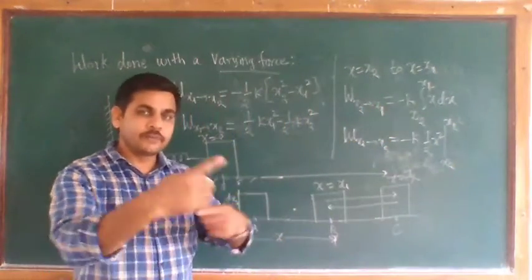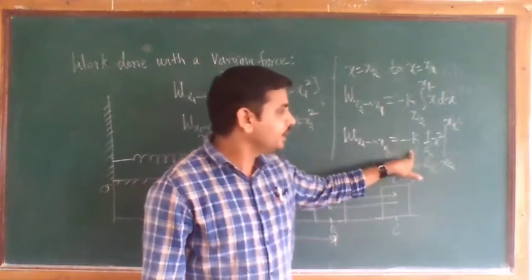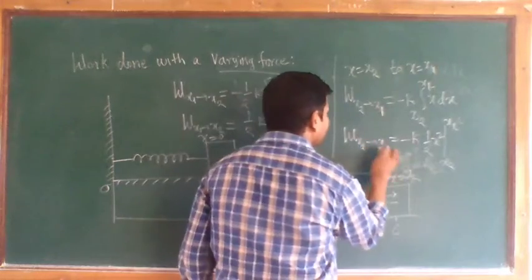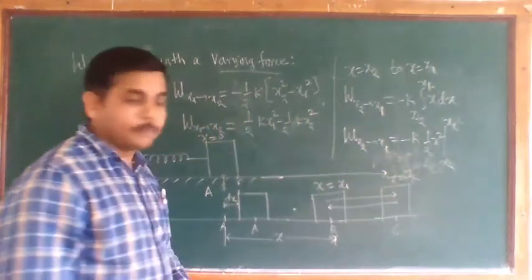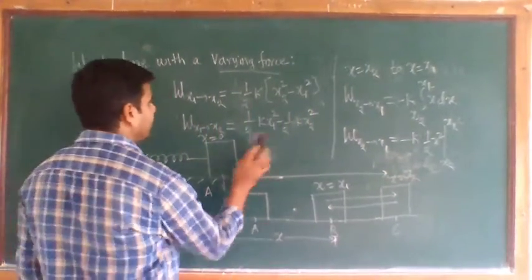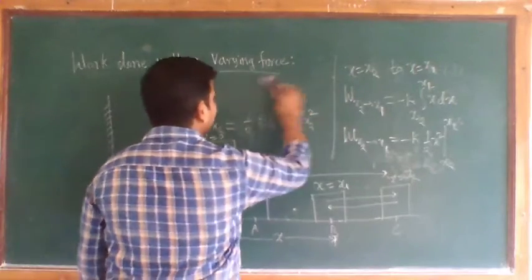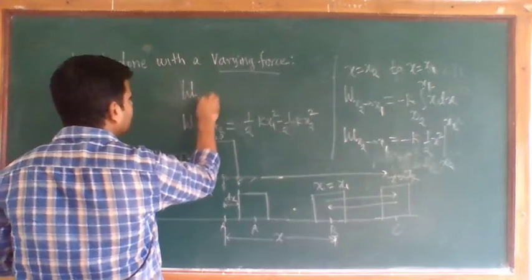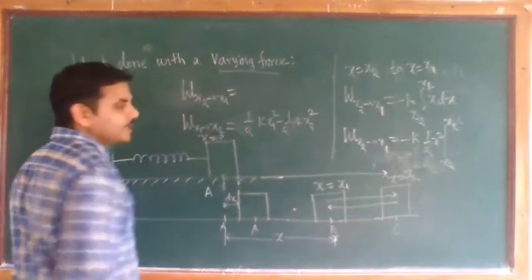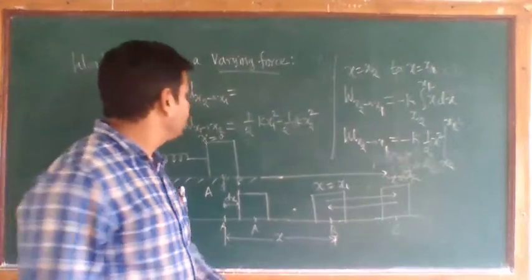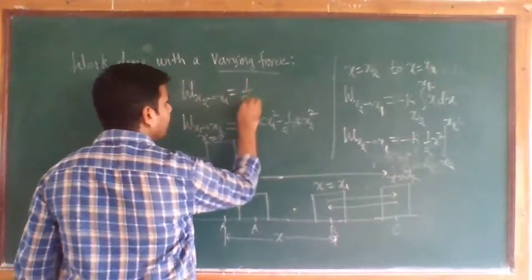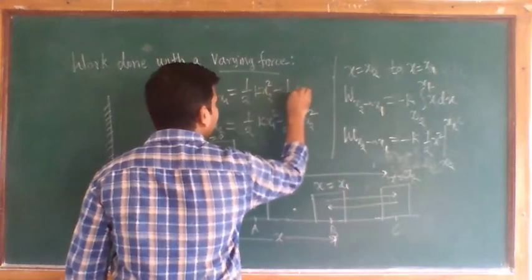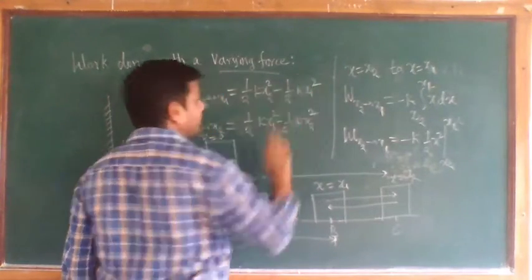Now we have the reverse condition. In that reverse condition, your integration will be changing. Finally, I'm writing here directly the work done from x2 to x1, which is nothing but 1 half k x2 square minus 1 half k x1 square.